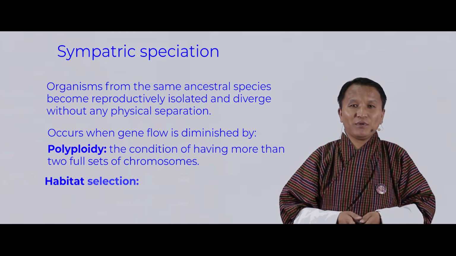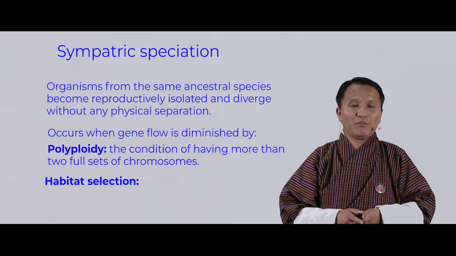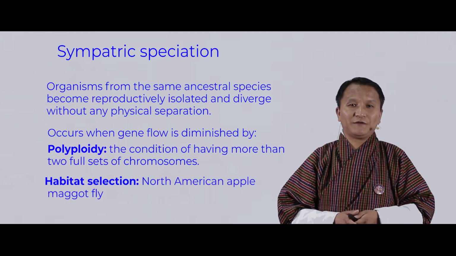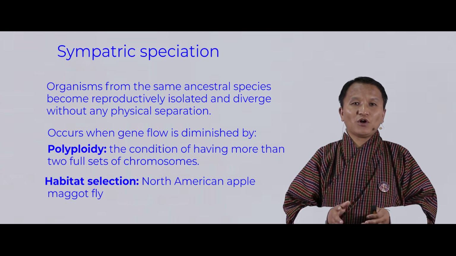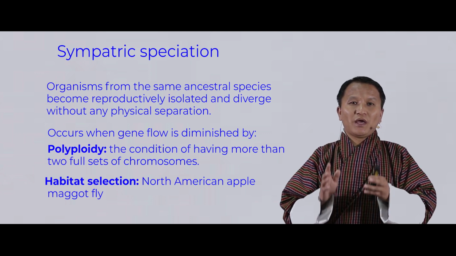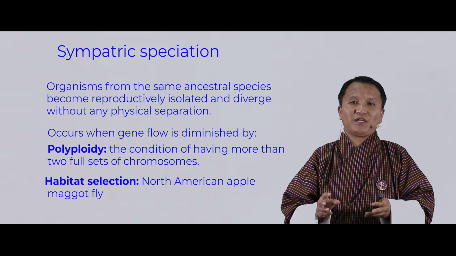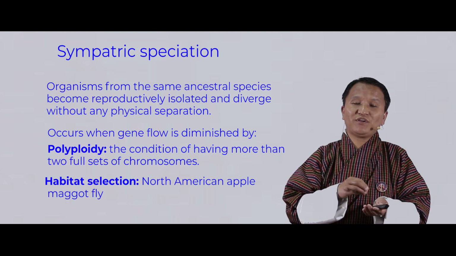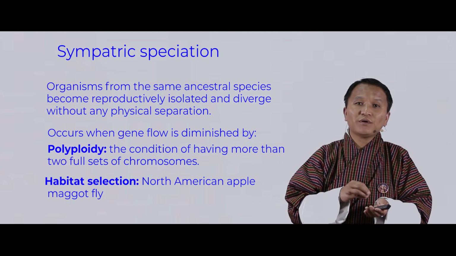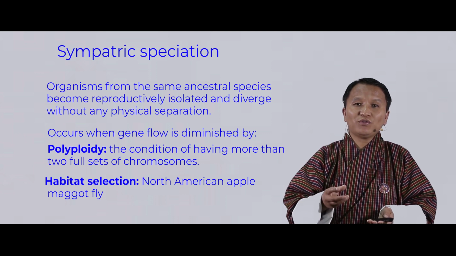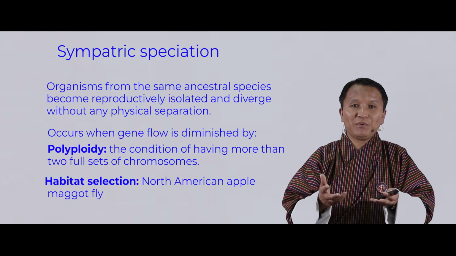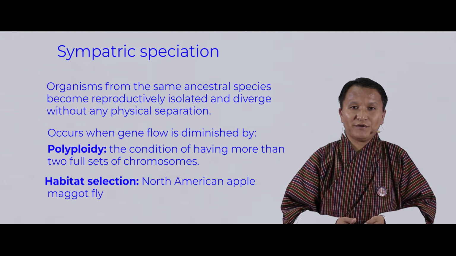So the best example of habitat selection is the North American apple maggot fly. It is believed that the North American apple maggot fly initially was feeding and living on the hawthorn plant. They were feeding on those fruits and surviving and inhabiting there.